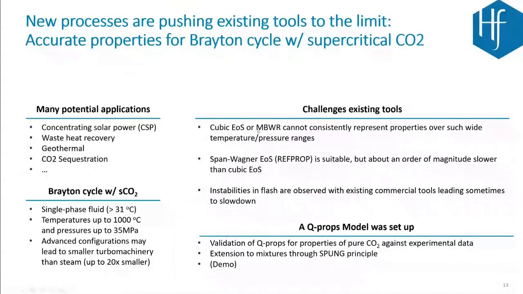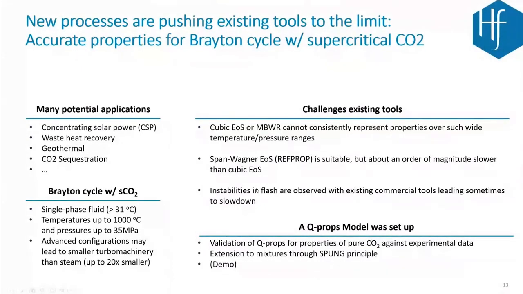because the cubic equations of state or MBWR, for instance, they are not good enough at representing properties over such wide temperature and pressure ranges. And we are faced with using the Span-Wagner equation of state, also known as RefProp, but the speed of this is really too slow.